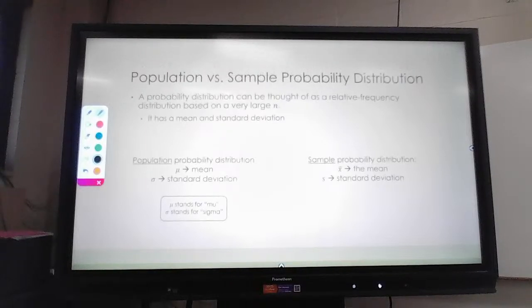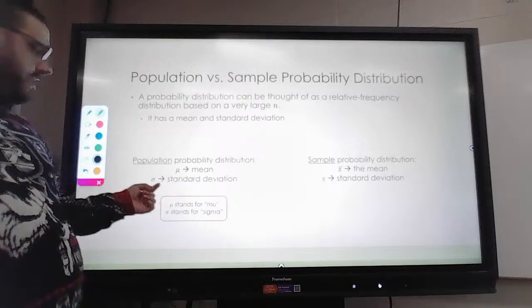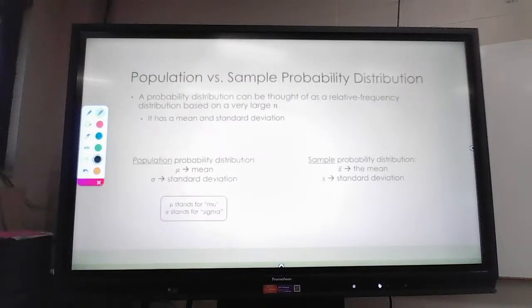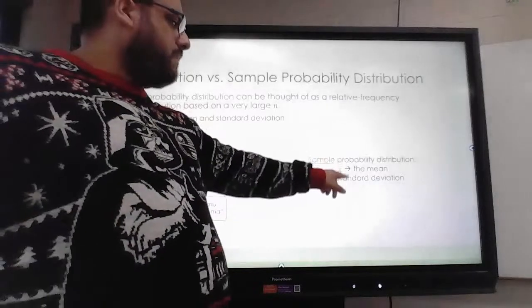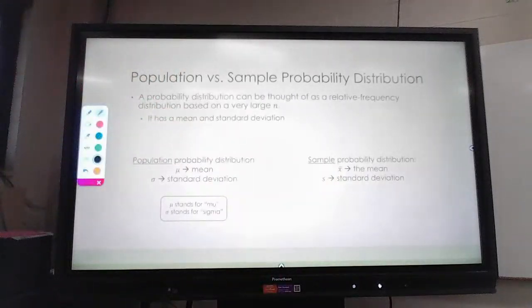When you have a population probability distribution, you have the Greek letter mu for the mean and the Greek letter sigma for standard deviation. For a sample probability distribution, you have X bar for the mean and a lowercase s for standard deviation. For this particular chapter, we're going to focus on population probability distribution. Specifically, we're going to talk about discrete population probability distribution.